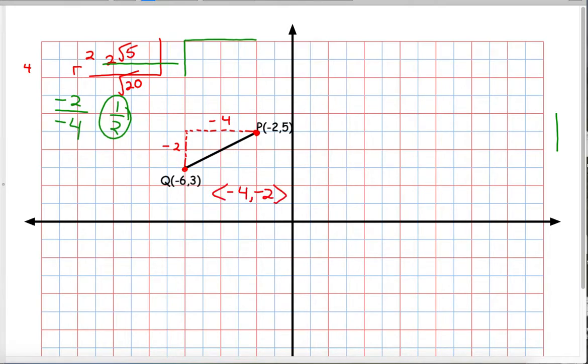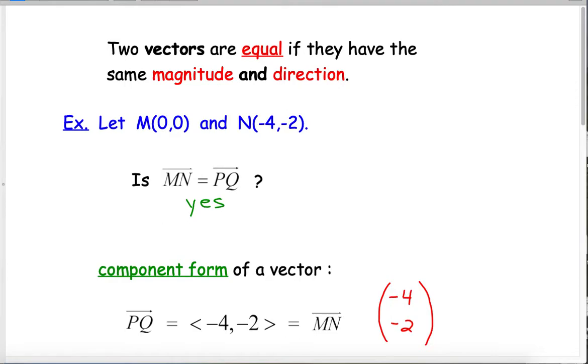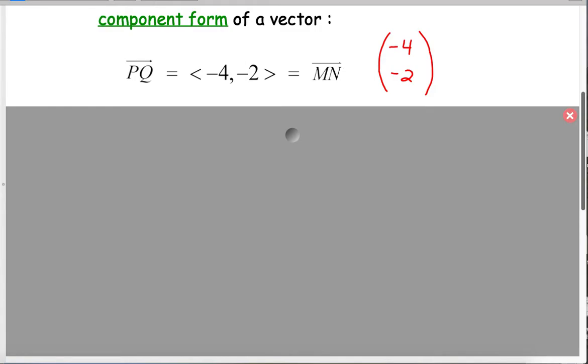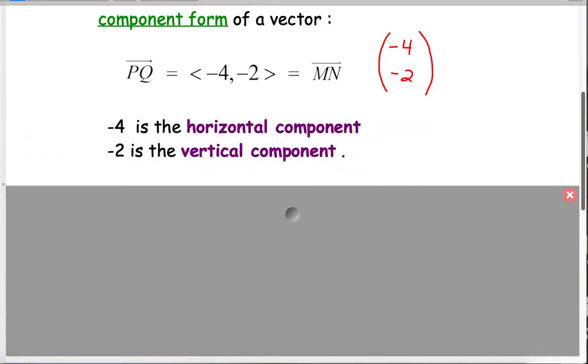And that would be the same as the component form for MN. That also goes 4 to the left and 2 down. So when we use that component form notation, we can refer to many, many different vectors. We refer to that -4 as the horizontal component and the -2 as the vertical component.